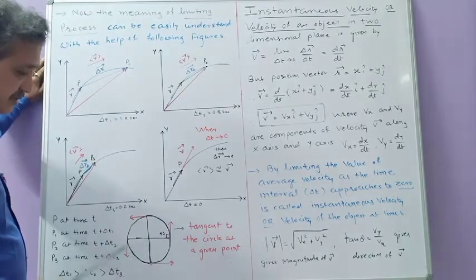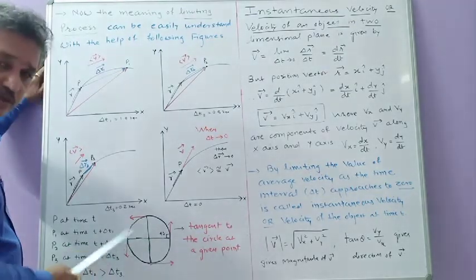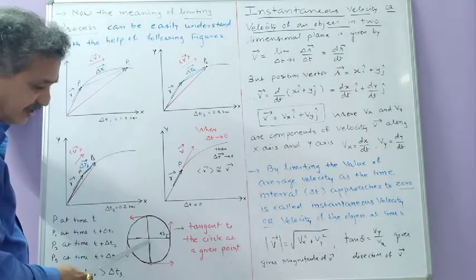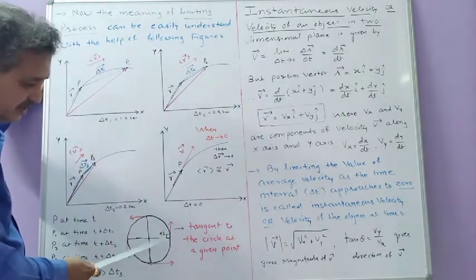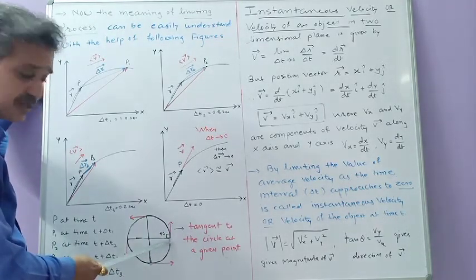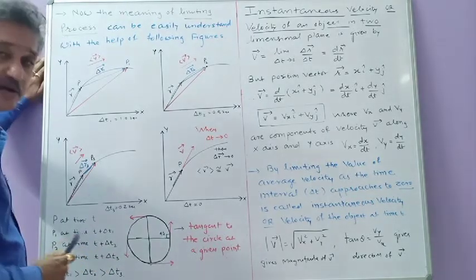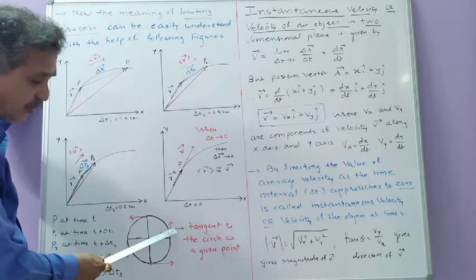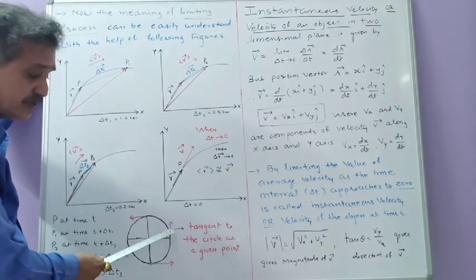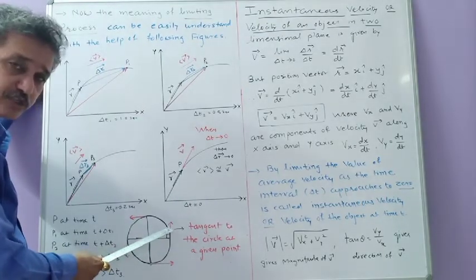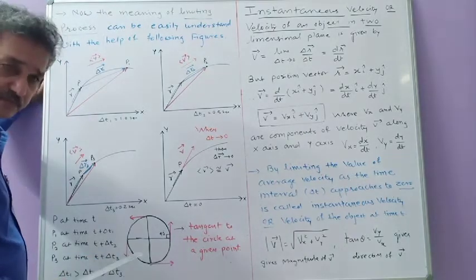What is tangent? Here I have drawn a circle. From the center to this point is the radius. And from this point on the circle, this arrow is in a direction making an angle of 90 degrees. So this kind of arrow at such a point is said to be a tangent drawn to the circle at this position.